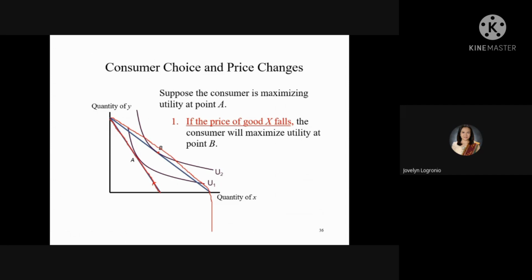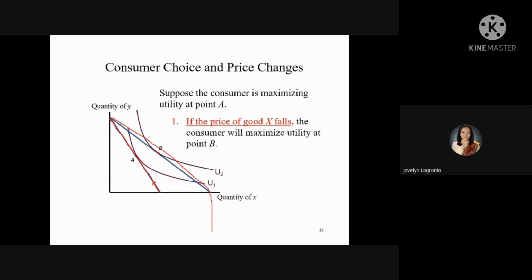Since good X is now cheaper, the purchasing power or the real income of the consumer is now higher. So, kaya, the quantity of good X further increases.